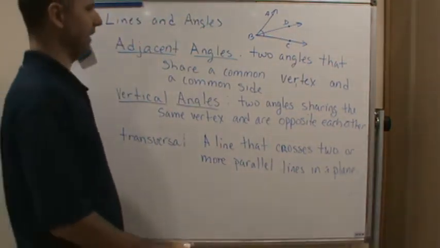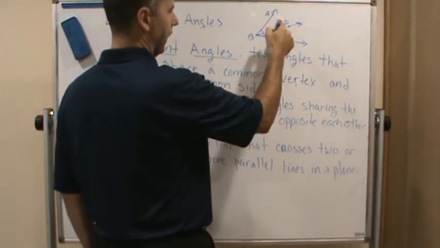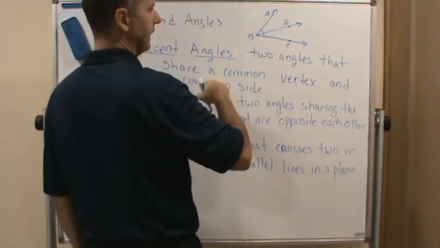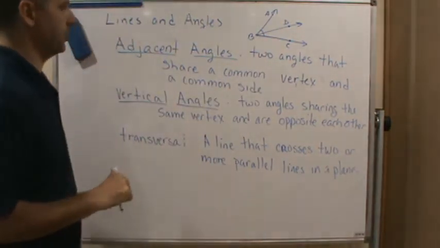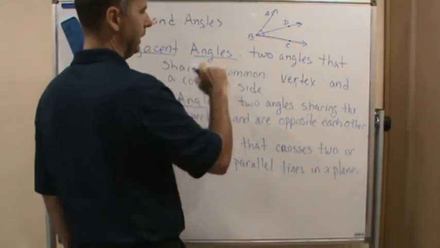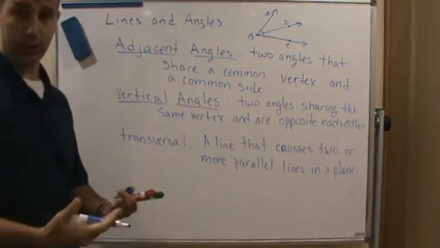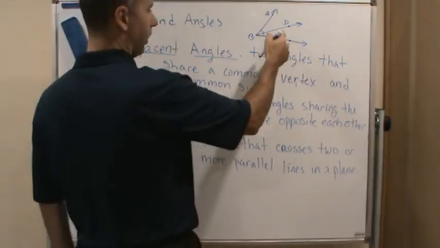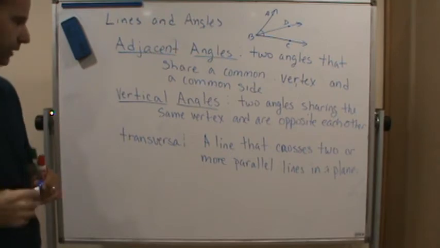Well, we can see that this angle, angle DBC, is an adjacent angle to angle ABD because they share a common vertex B and they share a side. So basically they're right next to each other. So these are adjacent angles. That's it. That's what we call adjacent angles.